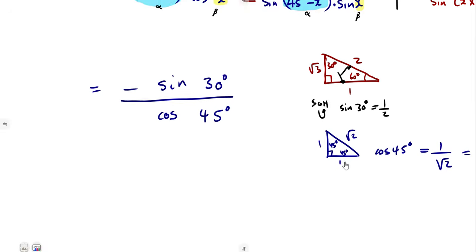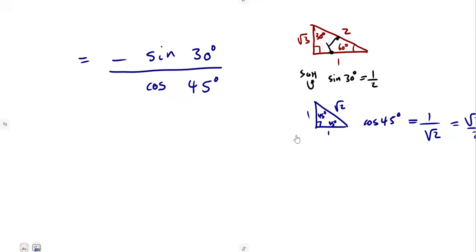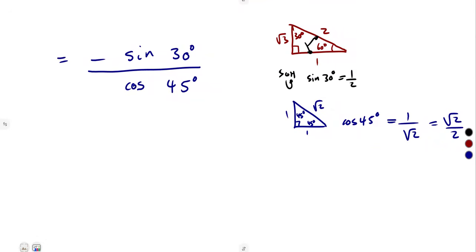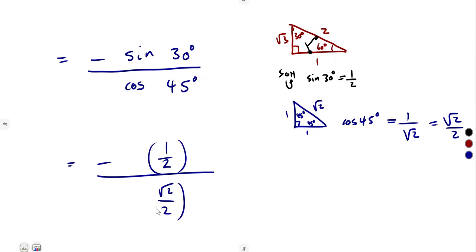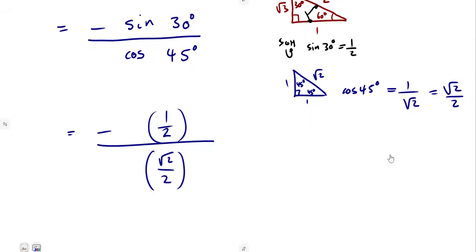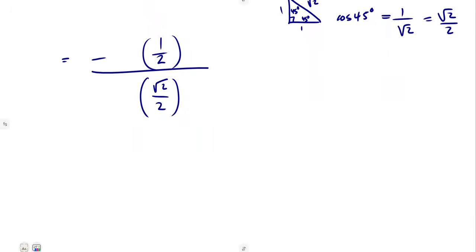So with this, we can substitute our values representing these two. The sine of 30 degrees, 1 over 2, divided by the cos of 45 degrees, which is the square root of 2 over 2. Remember the division concept when it is applicable, that I am dividing a fraction by another one.